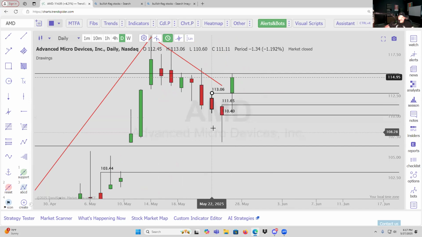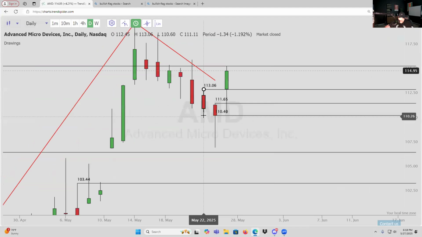The wicks are important as well. And especially in this instance, because we opened here, right? We opened here red. If you guys don't know, the body at the top is going to be the open, and the close is going to be wherever it closes to the downside. Just like a green candle, the open price is going to be the bottom of the body, and the closing price is going to be at the top of the body.